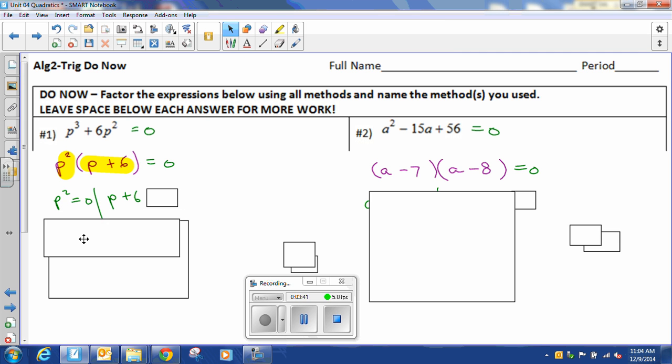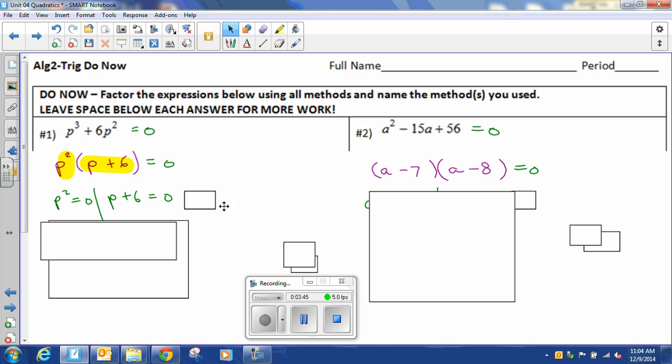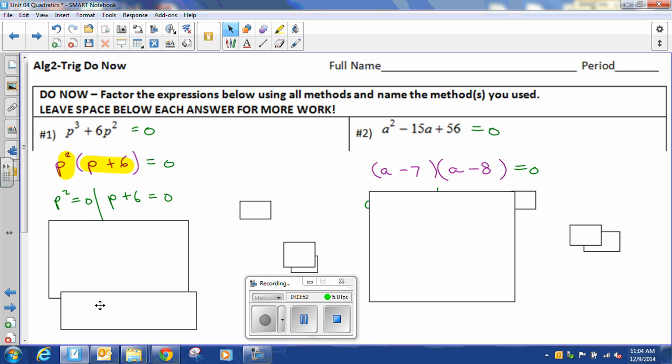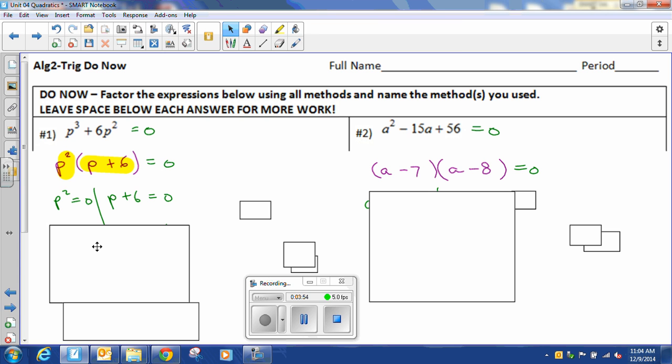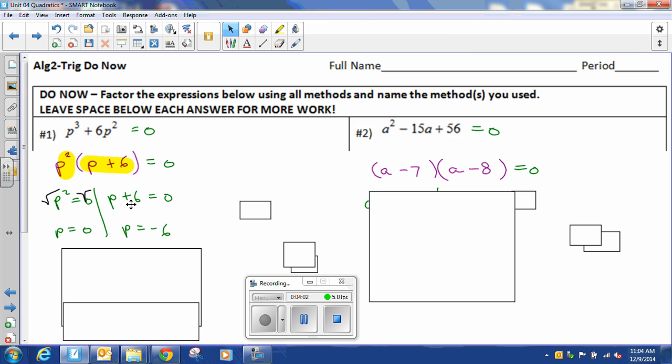So that means p squared equals 0, or p plus 6 equals 0. And I draw this vertical line here to basically split it up into two separate equations. To solve this, we take the square root here and here. So p equals 0, subtract 6, and p equals negative 6. So our solution set for number 1 is negative 6 and 0.